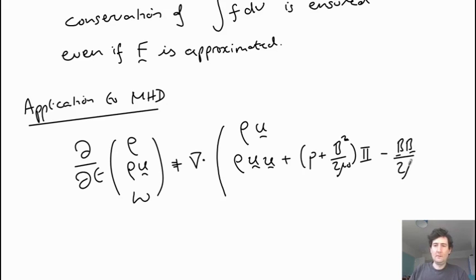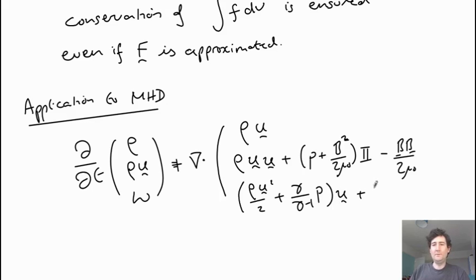And you have the energy terms, so there's the advection of energy: rho u squared over 2 is of course the kinetic energy. We have the thermal energy, so it's gamma minus 1 times the pressure, so that's the internal energy, and this is advected by the velocity u.